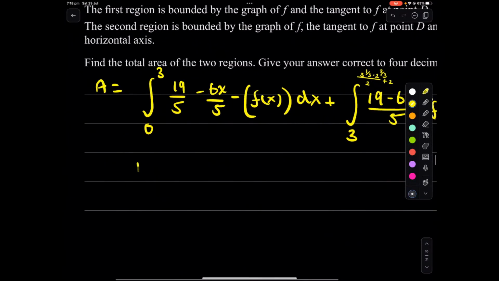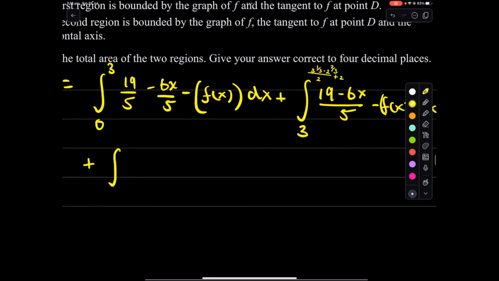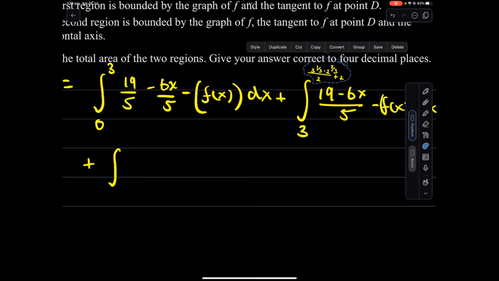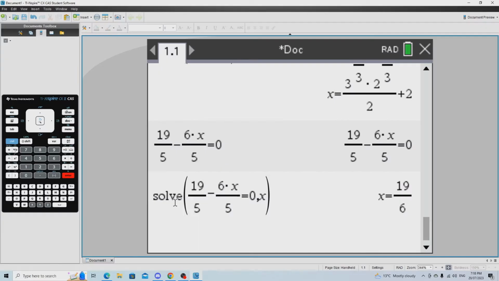Plus this big function over here. So I'm going to copy and paste it over here: the integral from x to 19 over 6 of the function 19 over 5 minus 6x over 5 dx equals, wow, let's see what that is equal to.